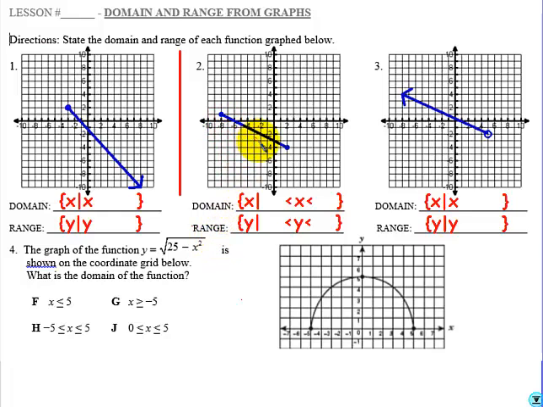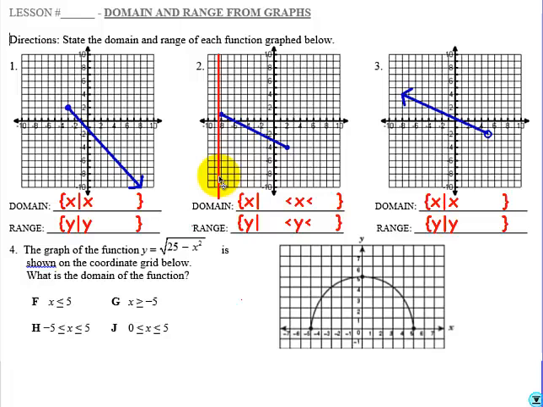Because it's a continuous line, I'm going to have an interval like we see over here. I'm going to have a beginning and an end. In order to find the beginning and end, we need to use a vertical line. So let's use this vertical line right here. We're going to move from left to right until we touch the line.